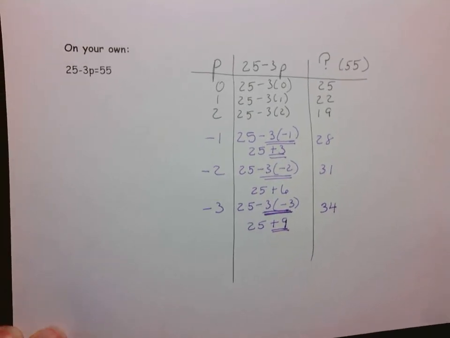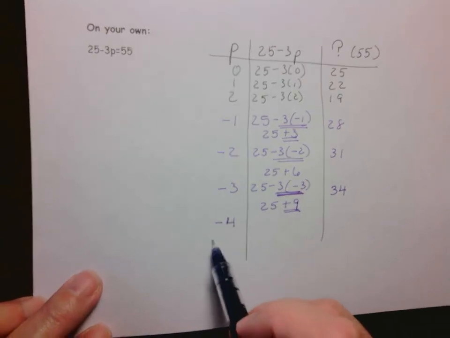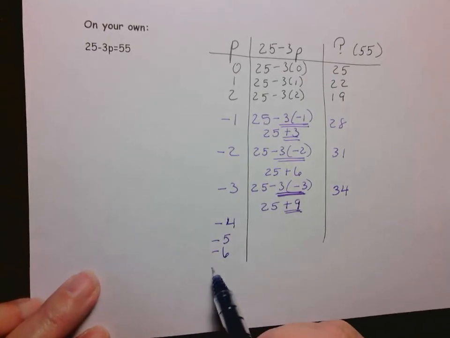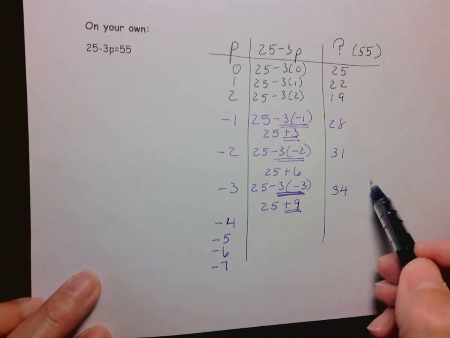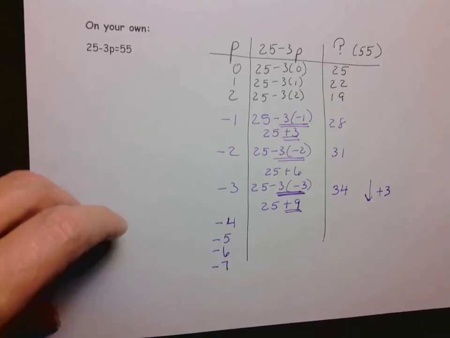So what's happening is, every time I go down by 1, I'm going up by 3. So I can continue that pattern.